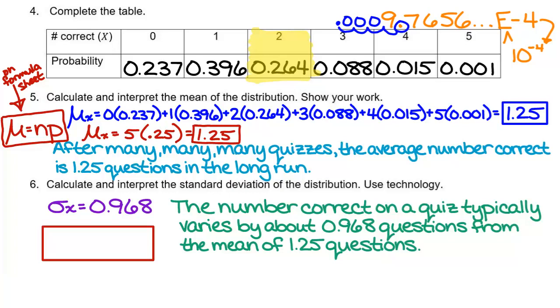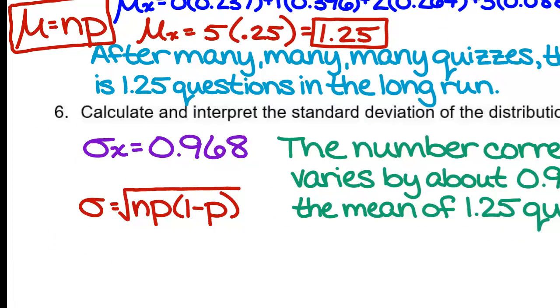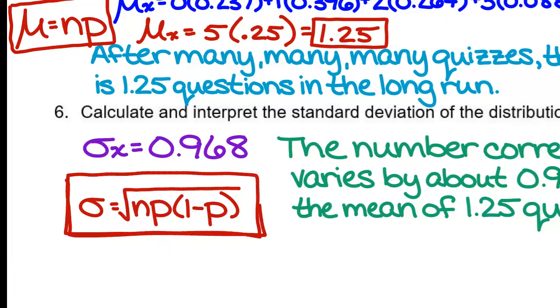Just like with the mean, n times p, for a binomial random variable, I have a more direct way of calculating the standard deviation. It is the square root of n times p times 1 minus p. This is also on the formula sheet.